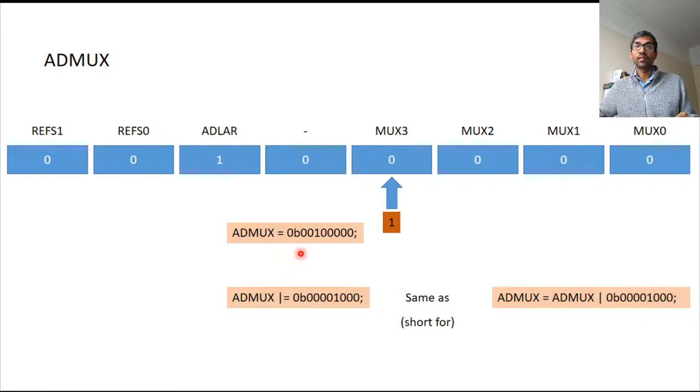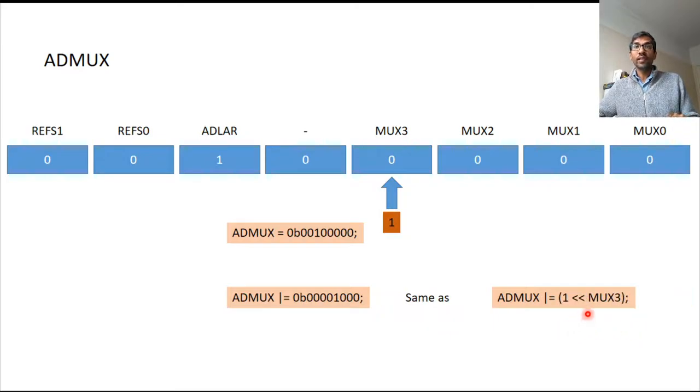So basically, this is a way of writing the code so that the previous bits which are set to 1 are not reset while setting new bits to 1. So here we have preserved ADLAR to be 1 while changing MUX3 to 1. So we can write or equal to, which is just a shorthand way of writing ADMUX or this. Is that all right? Okay, let's carry on.